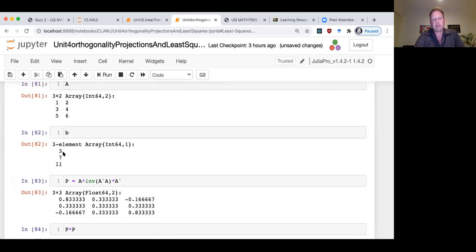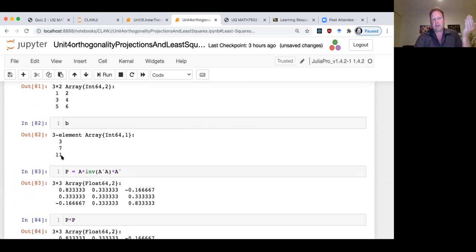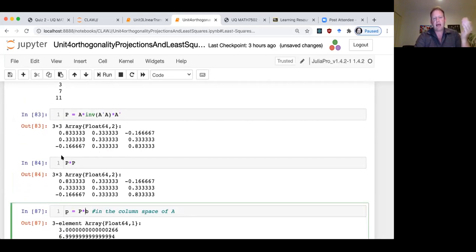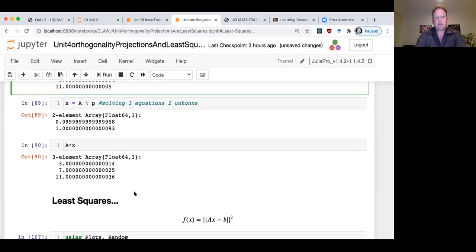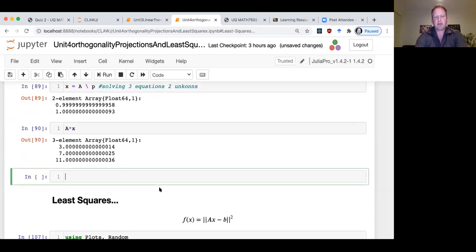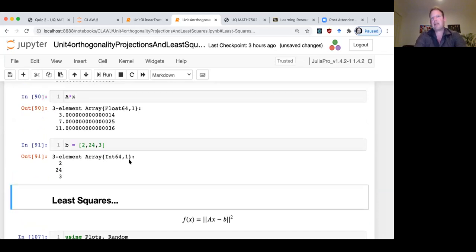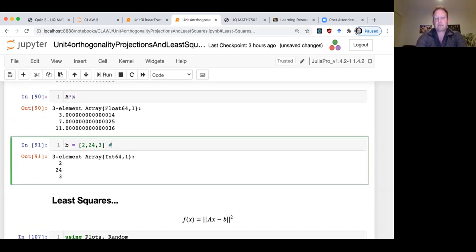However, let's now choose a different B. I'll just call it B again, and I'll choose something else: 2, 24, and 3, which is probably, using my luck, not in the column space of A.